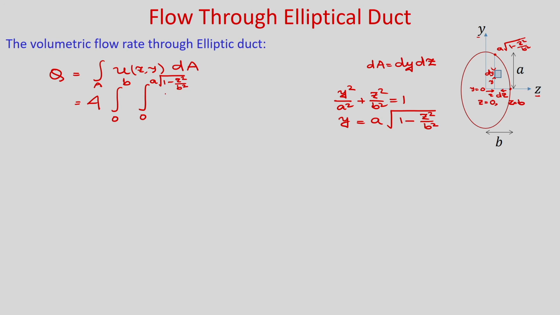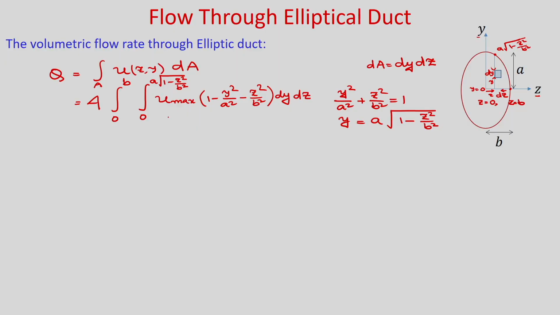Now, we have the expression of u z y as u max, where u max is constant, 1 minus y square by a square minus z square by b square, into dy dz. First we will integrate with respect to y, then we will integrate with respect to z. So, first let us evaluate this term.